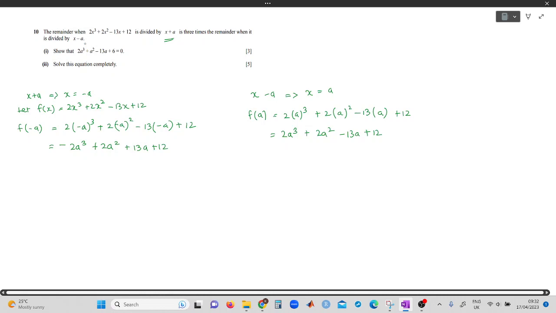Donc en d'autres mots, it will be the remainder that I got here when I divide by x plus a is 3 times the remainder that I get with dividing by x minus a. Voilà, tout simplement. C'est la même, il me faut une équation. Allez, let's simplify maintenant.